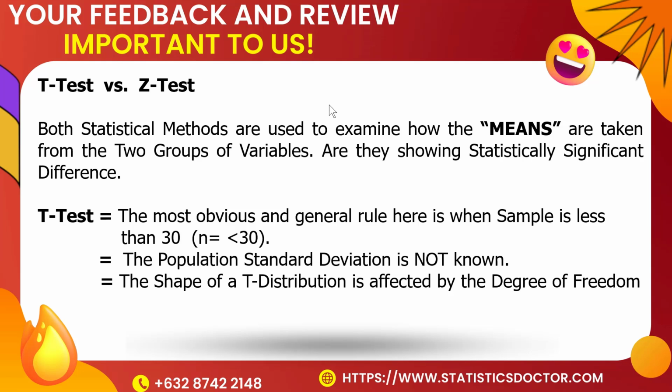A t-test is used when the population standard deviation is not known. The third is that the shape of a t-distribution in a t-test is affected by the degrees of freedom.